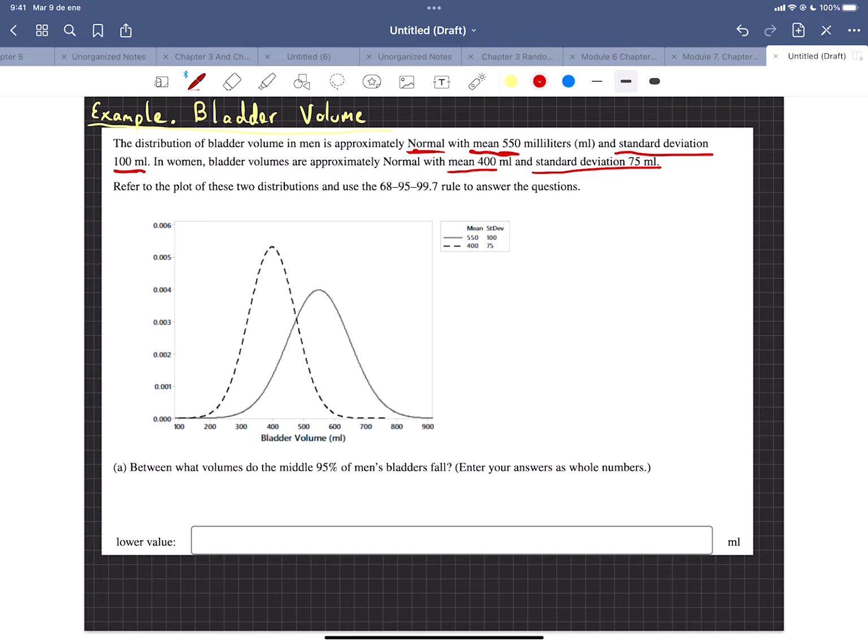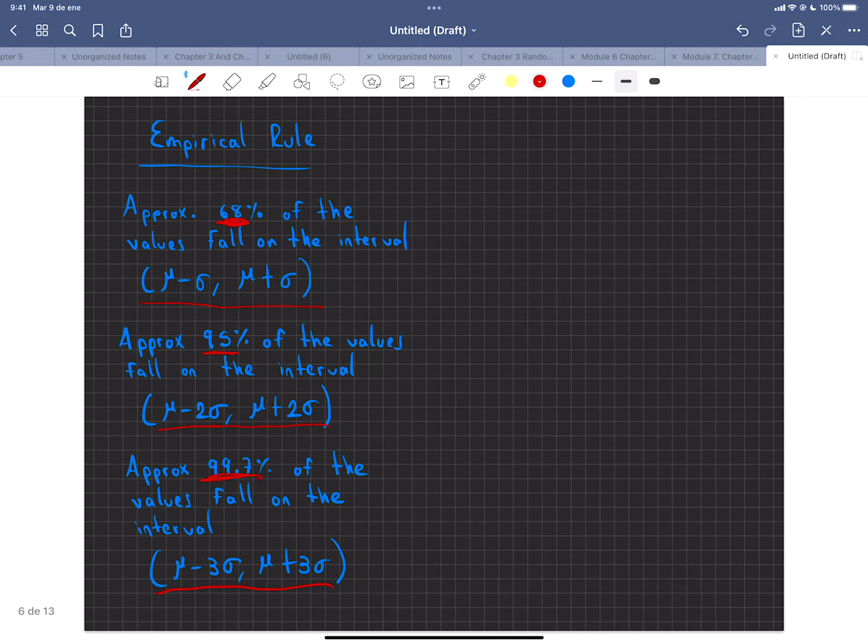For example, part A, it says, between what volumes do the middle 95% of men's bladders fall? So 95%, we have to use this condition to compute this interval, mu minus 2 sigma, mu plus 2 sigma.